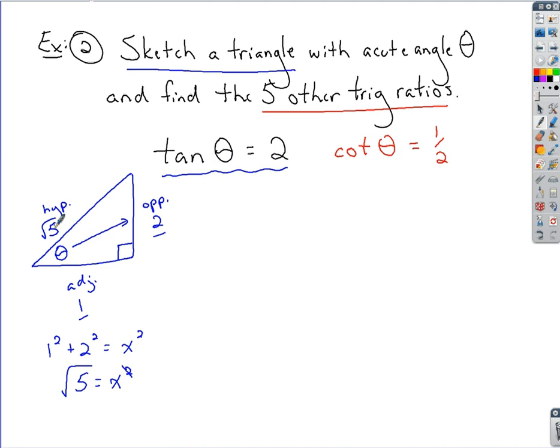So once you have all 3 values on the triangle, we're looking for all the trig ratios still. I started with tangent. Let's go to sine next. Sine of theta is going to be opposite over hypotenuse, right? So that's going to be 2 over root 5. If you know sine, you know cosecant. That's root 5 over 2.